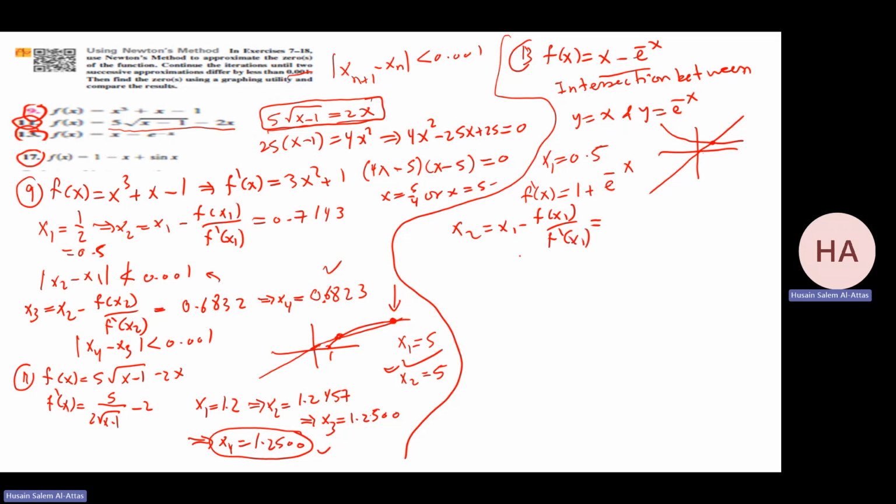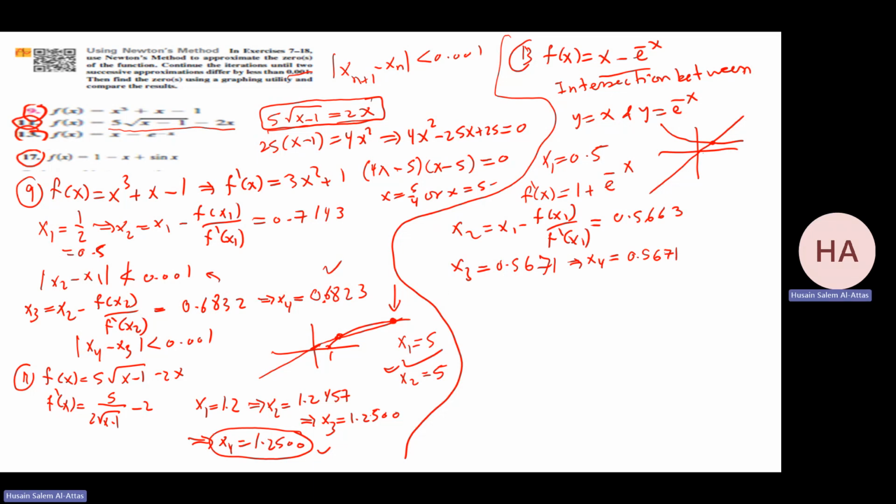If you use the calculator, you get 0.5663. x3, still the difference is not less than 0.001. x3 is 0.5671. And by the way, x4 is the same.